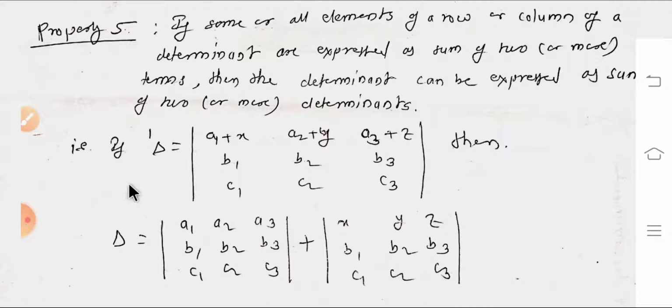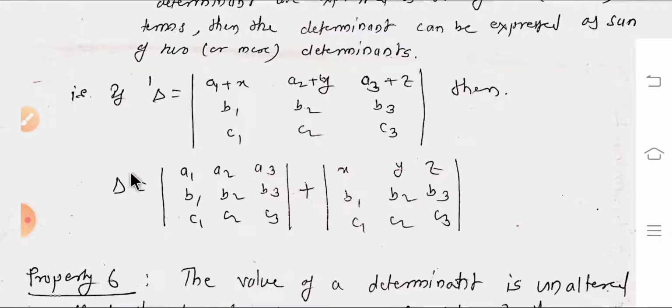That is, if delta equals the determinant with first row a1 plus x, a2 plus y, a3 plus z, then b1, b2, b3, c1, c2, c3, then this first row is a sum of two elements, so delta equals the sum of the determinants: determinant of a1, a2, a3, b1, b2, b3, c1, c2, c3 plus determinant of x, y, z, b1, b2, b3, c1, c2, c3.